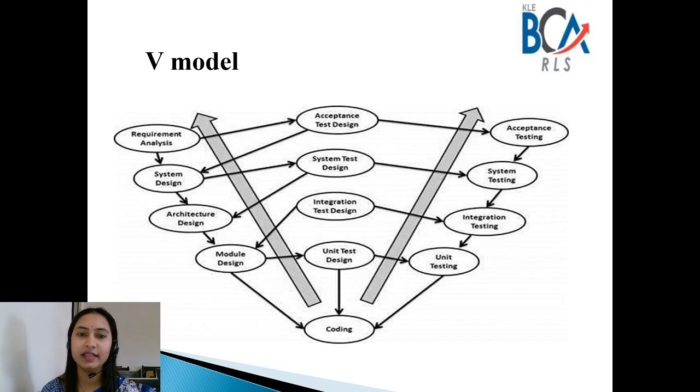There are verification processes on the one side. Consider the left side, where you do the verification, and the right side of the V is the validation phase. The coding phase, as you can see, joins the two sides of the V model. So in the V model verification phase, what happens?